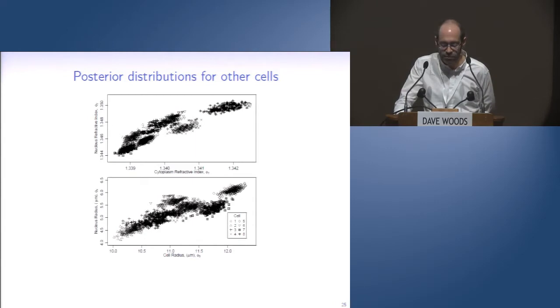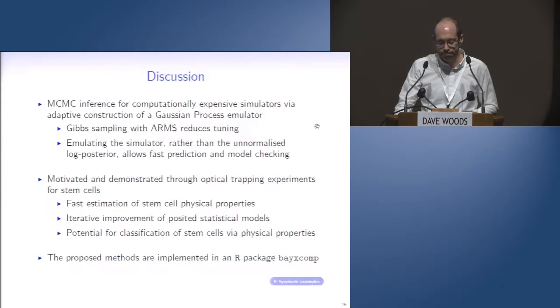So this is cell 8, for example, and I think this is cell 4. And this is the same plot, but for the radii rather than the refractive indices. And what we can see is that definitely some cells do look different in physical properties from the other cells, and there seems to be greater intercell variability than there is intracell variability.